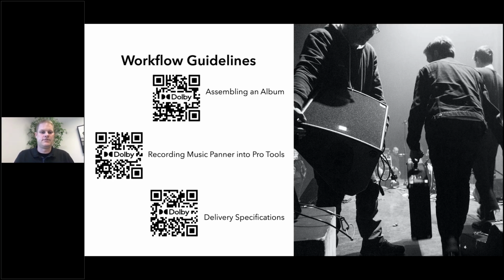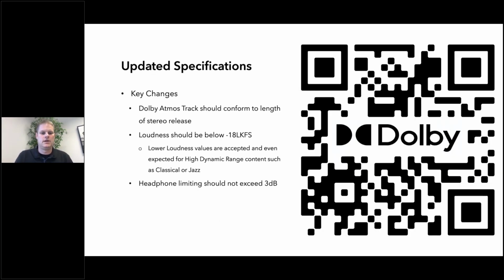Also, the delivery specifications that we published a little over a month ago are part of this mastering process. So the goal here is to ensure that playback across the whole album, across other formats, and across the playlists and things are optimized.